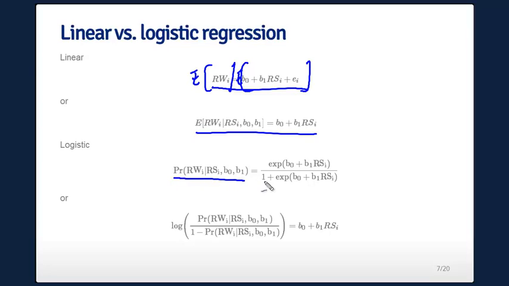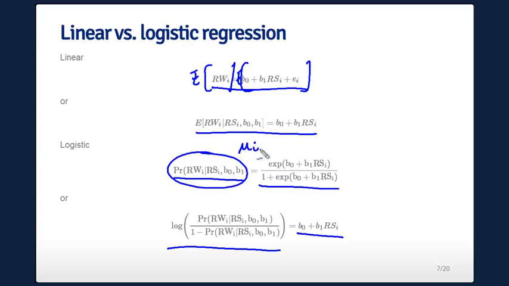The probability has to look like that, or this same equation rewritten is that we've modeled the log odds of the probability of winning given the score and the coefficients as being this linear predictor. And that's exactly what we did on the previous slide. So this probability right here we defined as mu i, and so this is log of mu i over 1 minus mu i equal to eta i from the previous lecture.